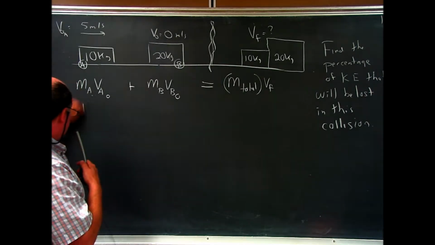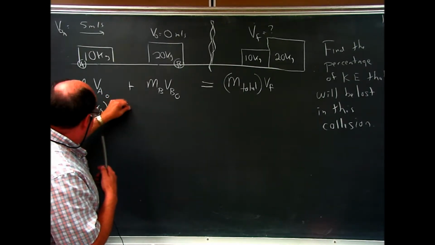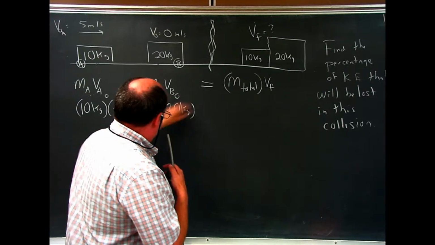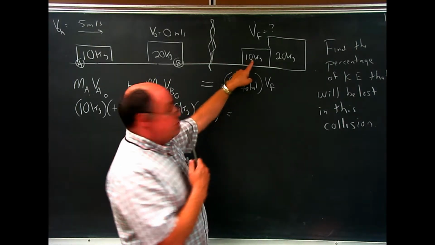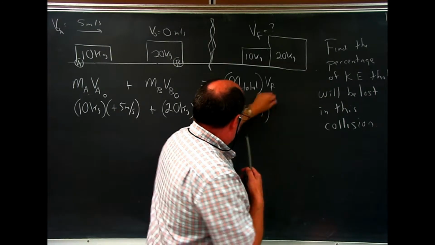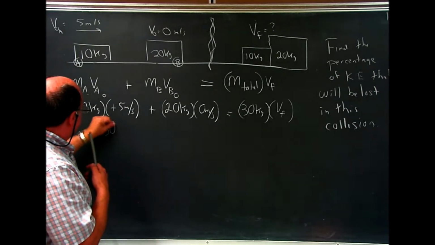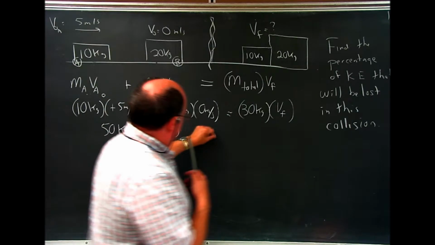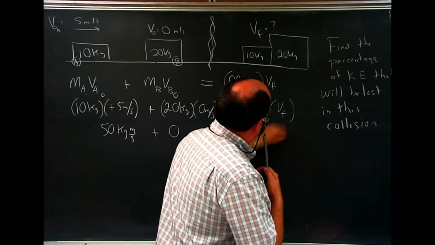This is 10 kilograms, and the velocity is plus 5 meters per second. And this is 20 kilograms, multiplied by 0. This equals the total mass, 10 plus 20, so 30 kilograms, and the final velocity is unknown. This comes out to be 50 kilograms times meters per second plus 0 equals 30 kilograms times V final.